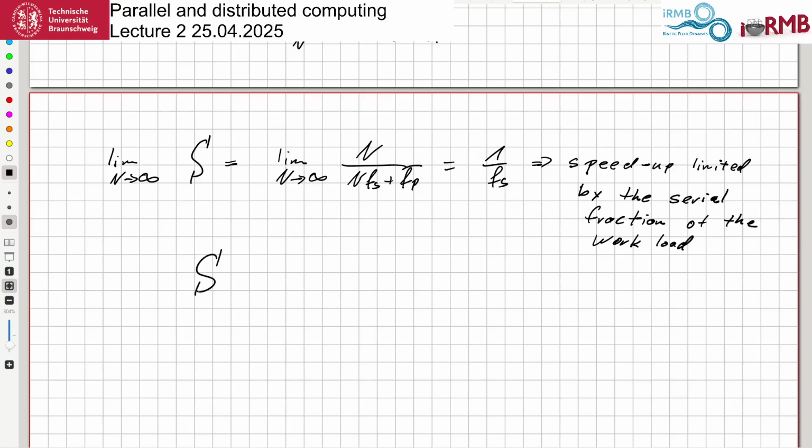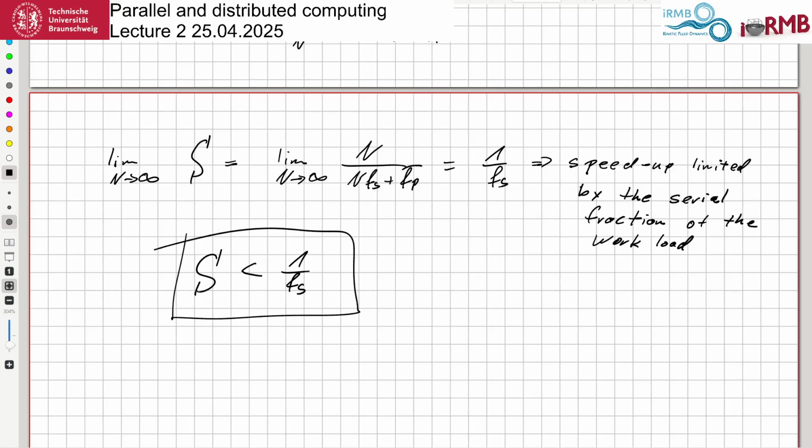Meaning that your speed up is always smaller in principle. So now you can discuss whether it's smaller or equal. I would say that you will always produce some sort of communication, and this communication will even slow it further down. So this is why I don't write equal, but there are some problems that don't require communication, and then you could, in principle, write equal, right?